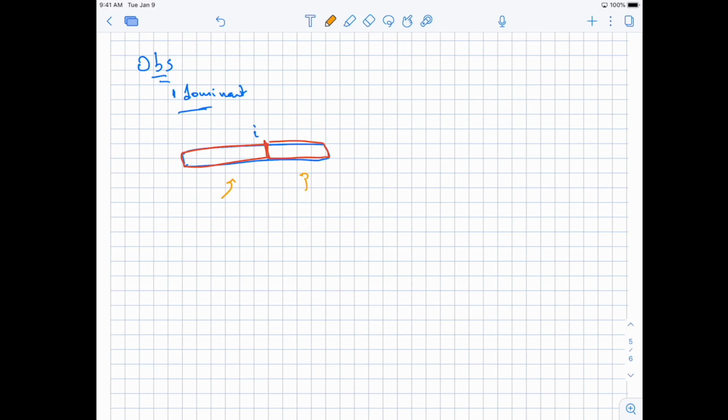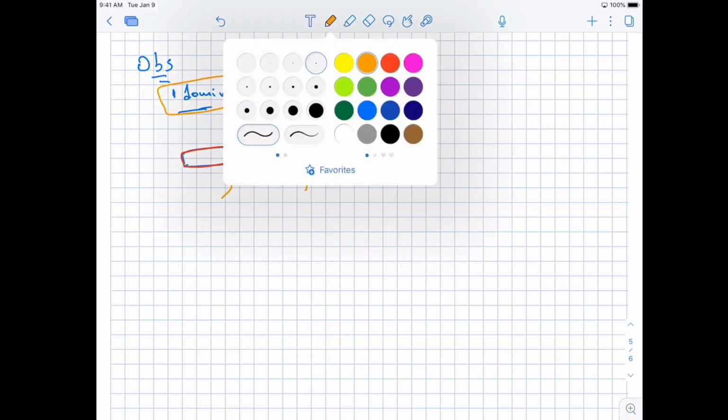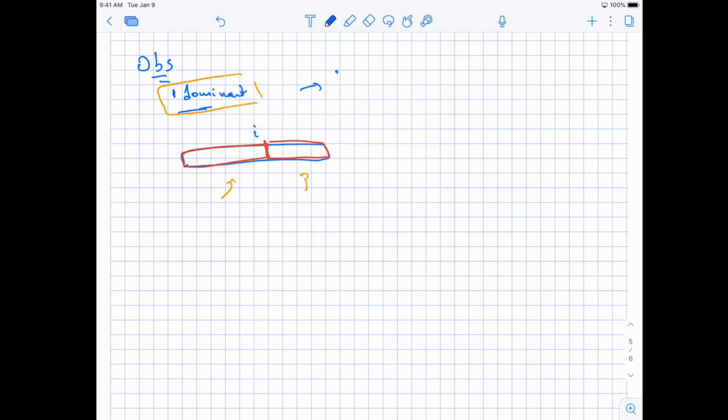Well, if you have a dominant element in the subarray that is not the same as the dominant element in the entire array, then that's guaranteed to be only on one of the sides. It can't be on both of the sides because we are told that the dominant element means that, let's say it's x, the frequency of x multiplied by 2 is bigger than m.